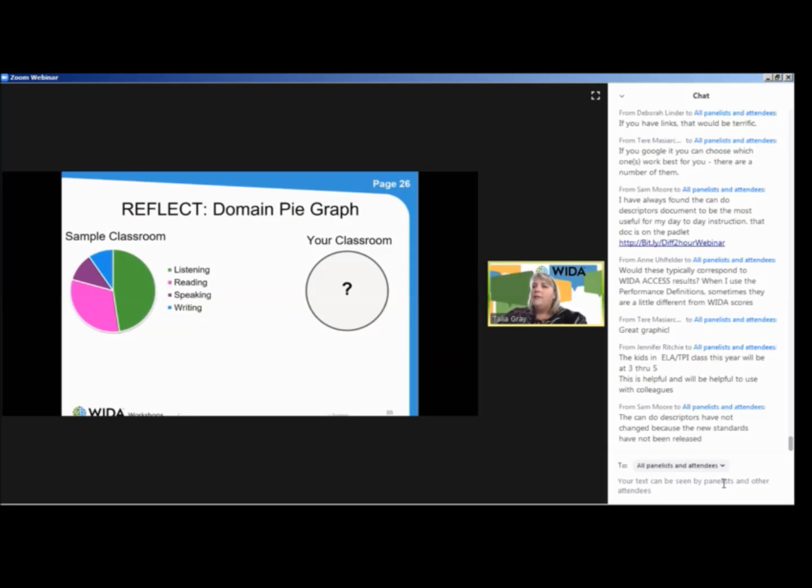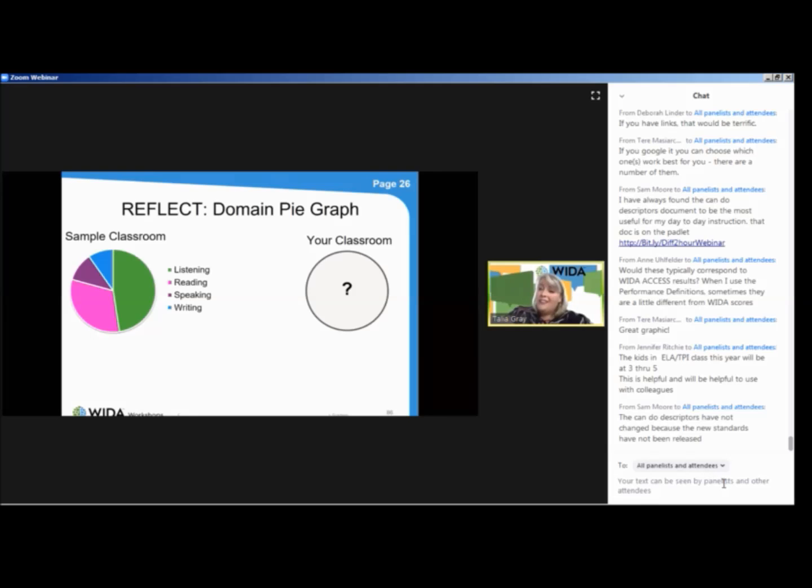Now, if you look here at this pie graph, this is a sample classroom, and this is just a sample classroom from somewhere at some time. And this teacher spent a lot of time talking, apparently, because his or her students spent, that looks like nearly half the day reading.